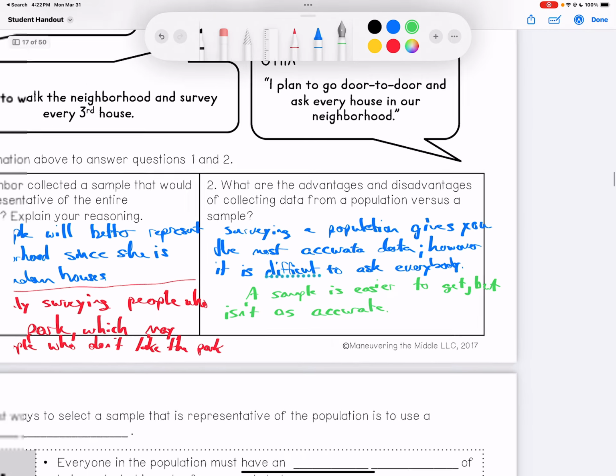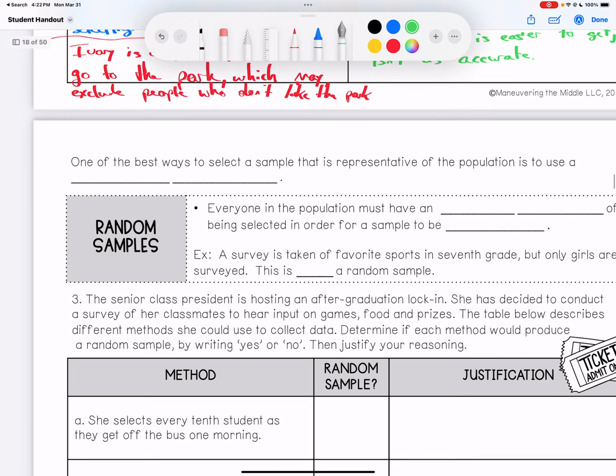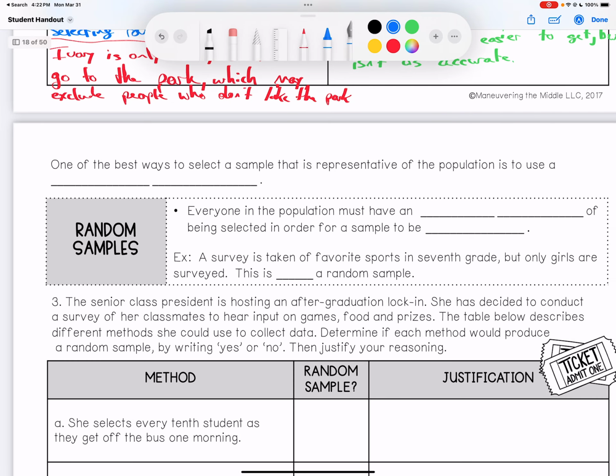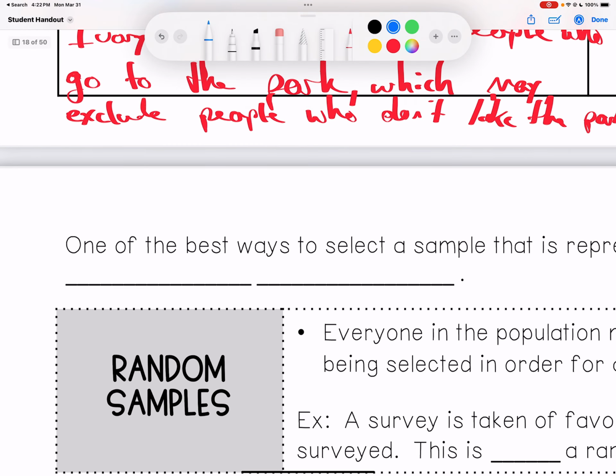All right. So one of the best ways to select a sample that is representative of the entire population is to use random sampling. Okay, that's the best way. Don't try to figure out who has a different opinion. Just randomly pick people.